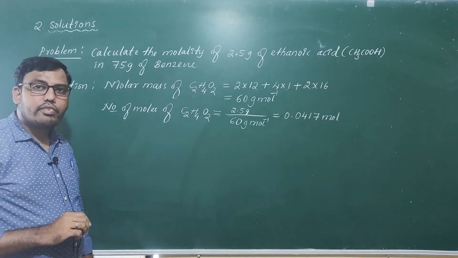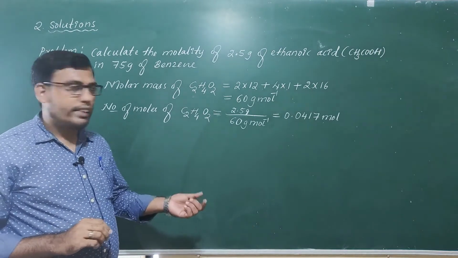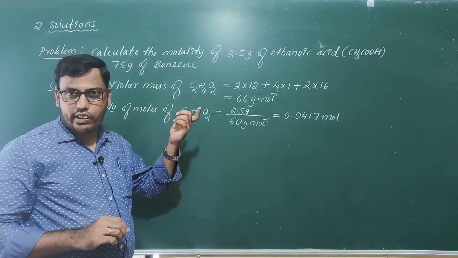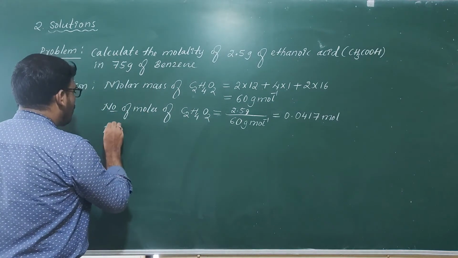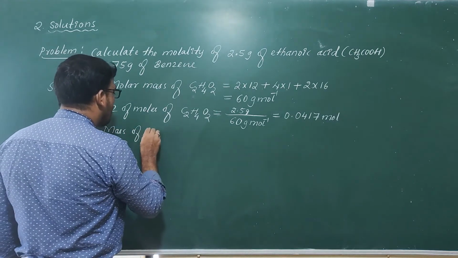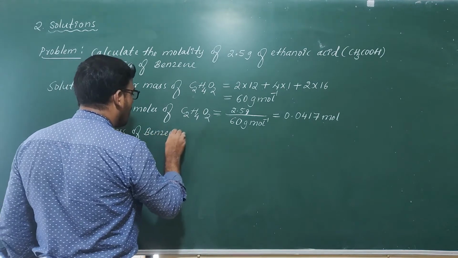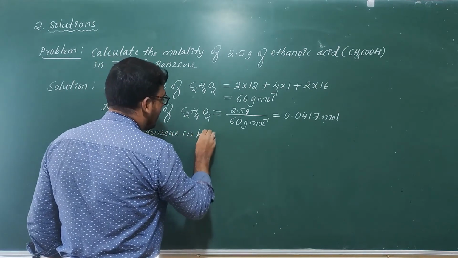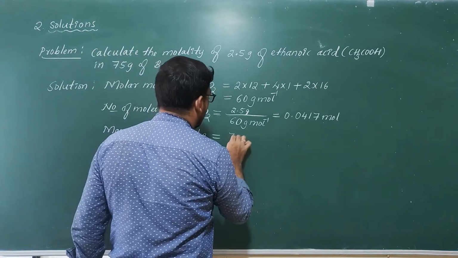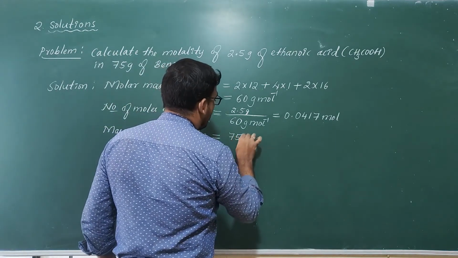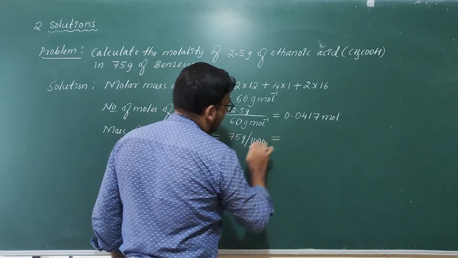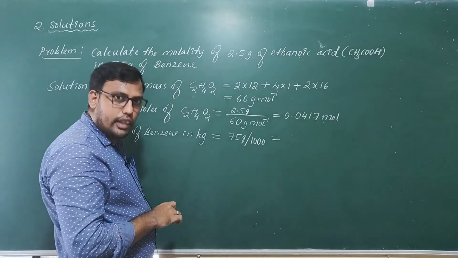In the denominator, what do we need to have? Mass of solvent. What is our solvent? It is benzene. Mass of solvent in kg. So mass of benzene in kg is equal to, it is given in grams. How many grams? It is given 75 grams, divided by 1000 you need to do, because we need it in kilograms.